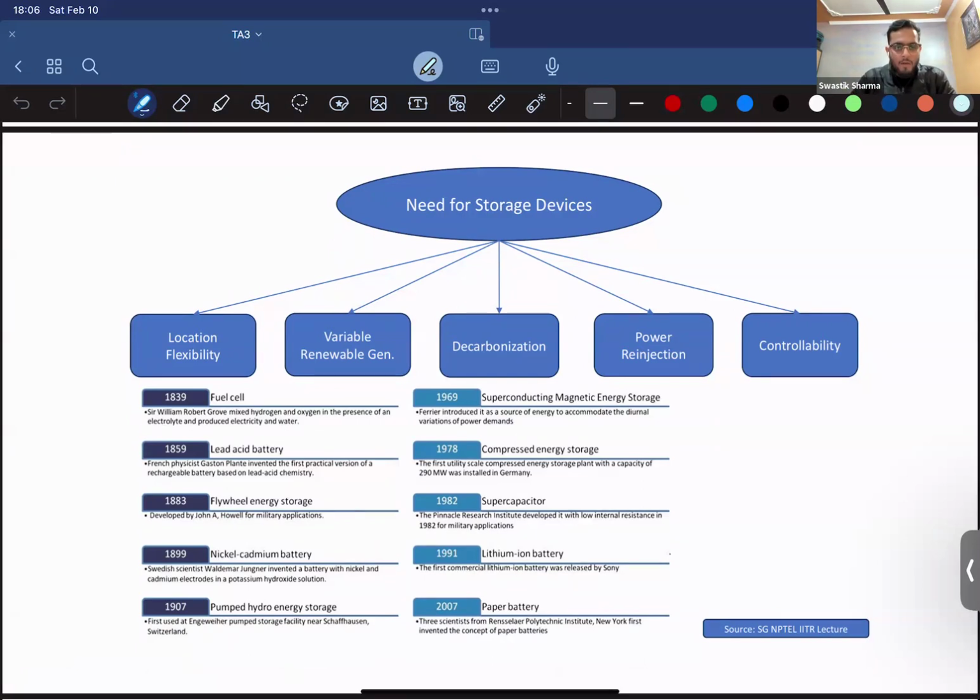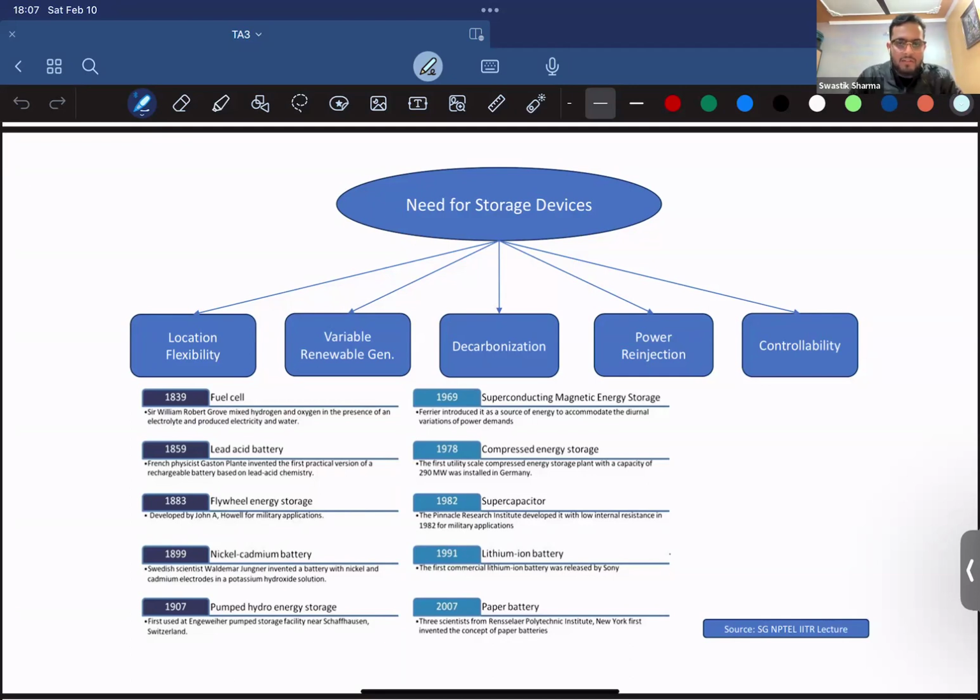So for that, we wanted some kind of a storage device, so that when they are generating more, they can store it, and at a later point when they are generating less, we can inject power. So that's where the need for storage devices comes into the picture.